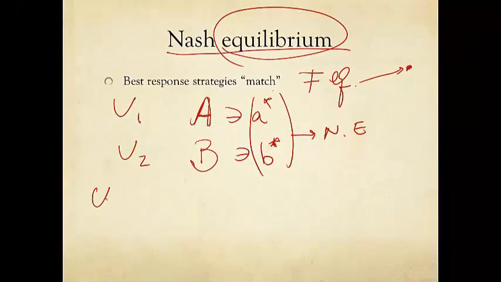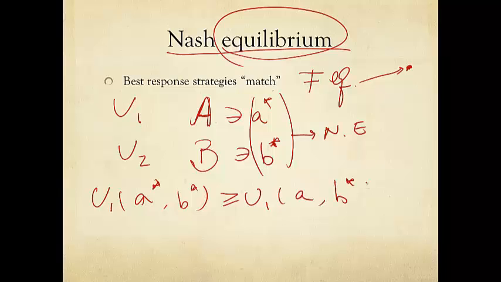First, the first user's utility at this point, A star, B star, will be no smaller than the utility where user 2 sticks to B star and user 1 is free to pick any A in the set of possible strategies. Okay, that's for all A in the set A.